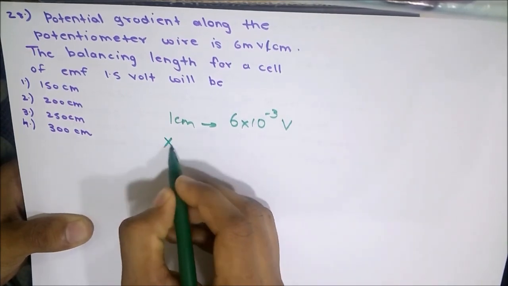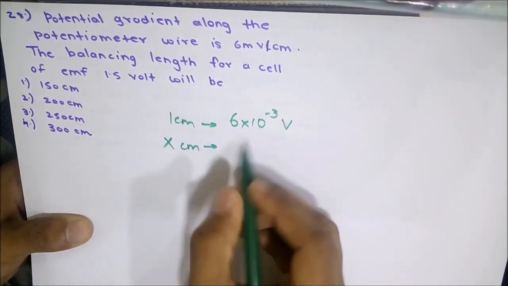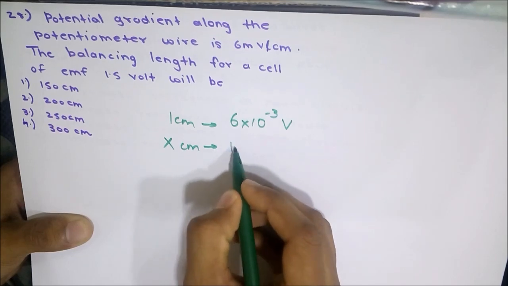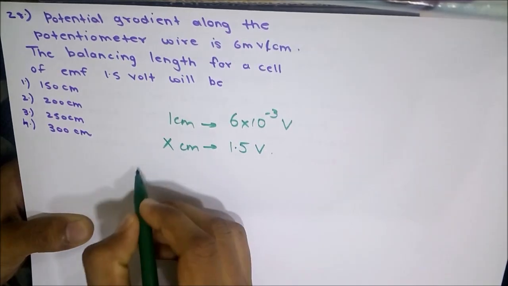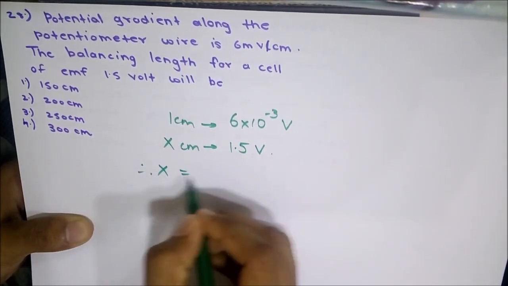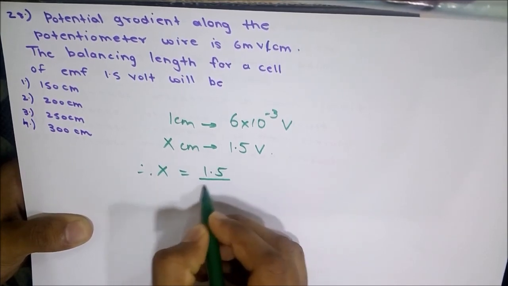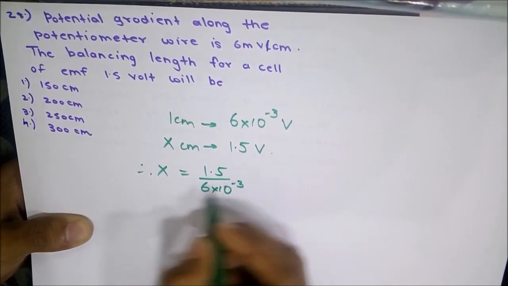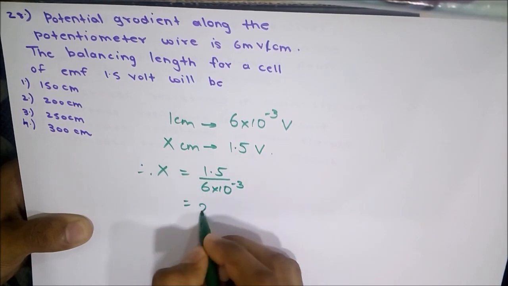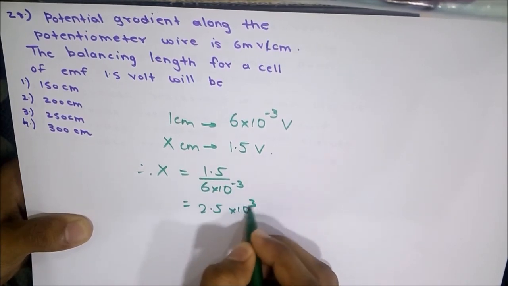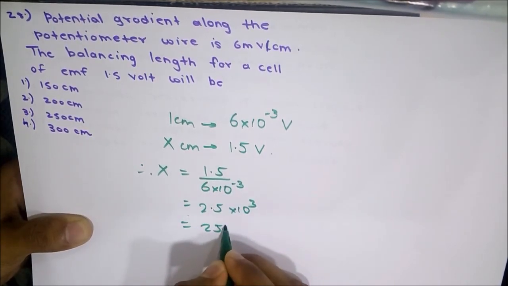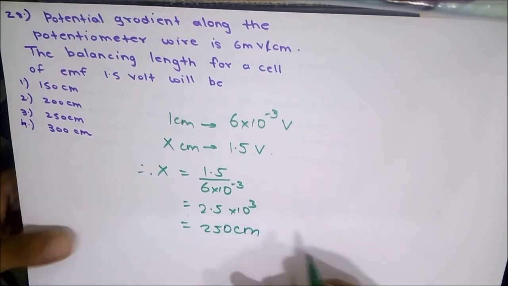Therefore, for X centimeters, the potential that needs to balance is 1.5 volts. Therefore, solving for X should be 1.5 upon 6 into 10 raised to minus 3, which is 2.5 into 10 raised to 3, that is 250 centimeters.